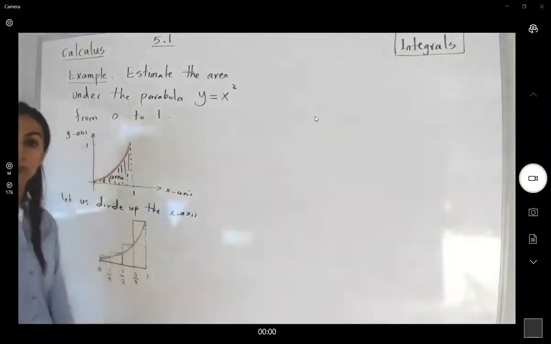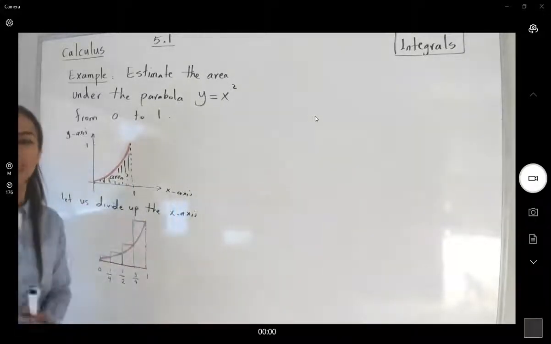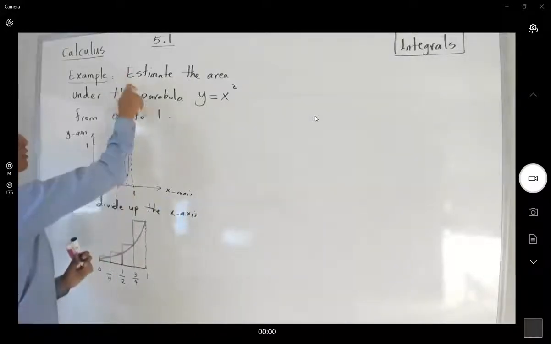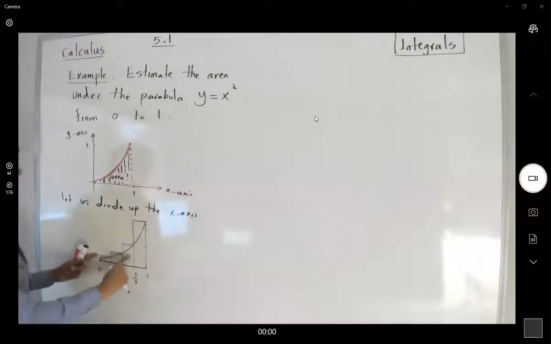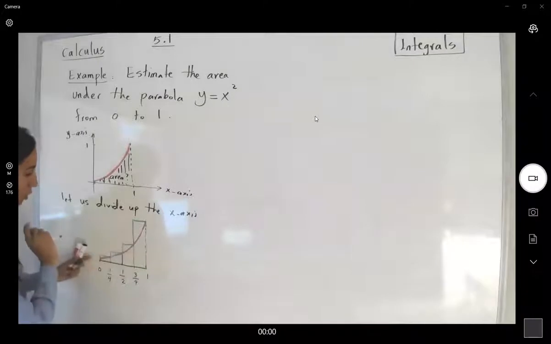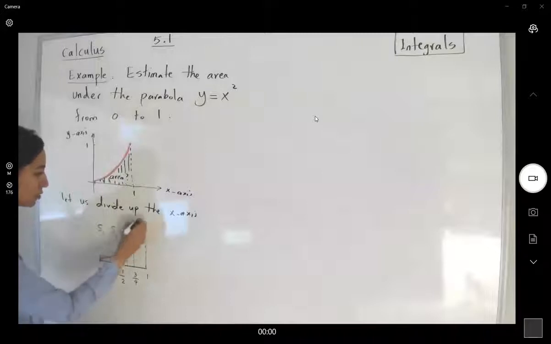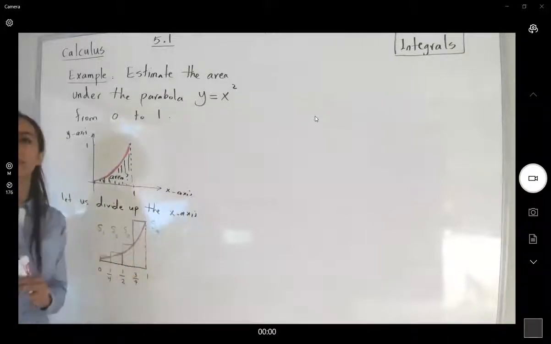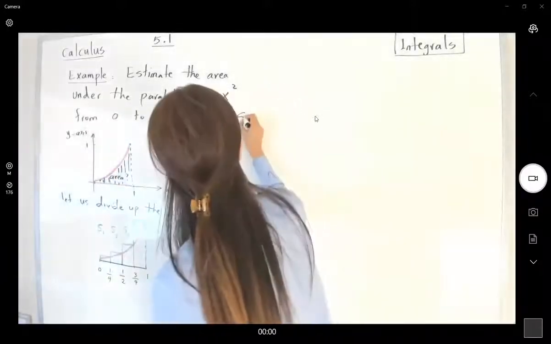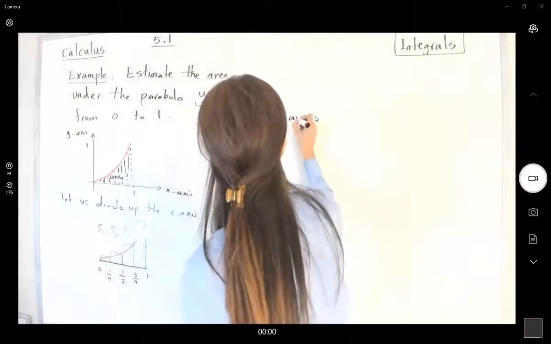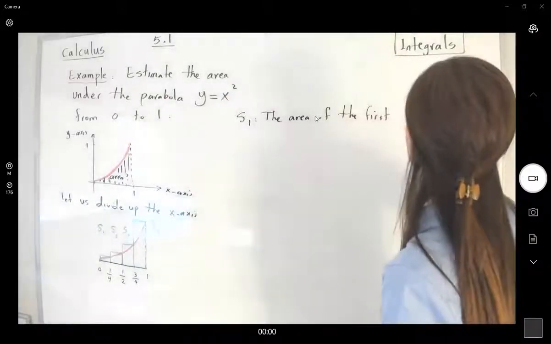What I'm going to do is calculate each of these areas, add them together and get a nice approximation for this area. So S1, S2, S3, and this one is S4, S representing the area of each of these rectangles. S1, the area of the first rectangle.